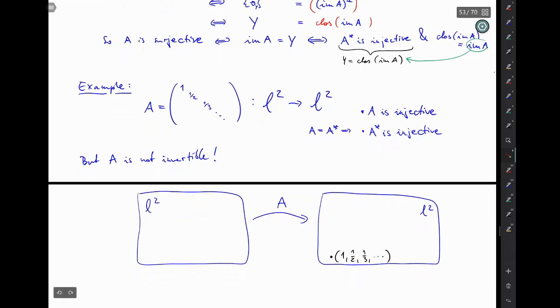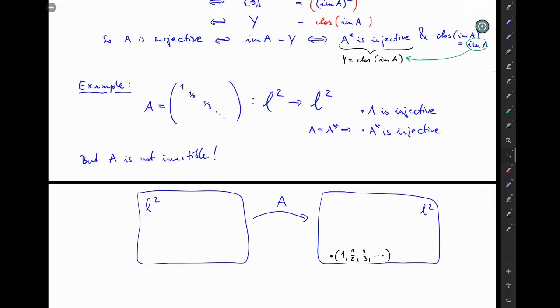But what would the original input for that output be? Well, it would have to be the vector that is 1, 1, 1, 1, 1, because that's the only vector that after multiplication by this diagonal matrix gives you that output here. But this input is clearly not in L2. You cannot square the entries, sum up, and get something finite.